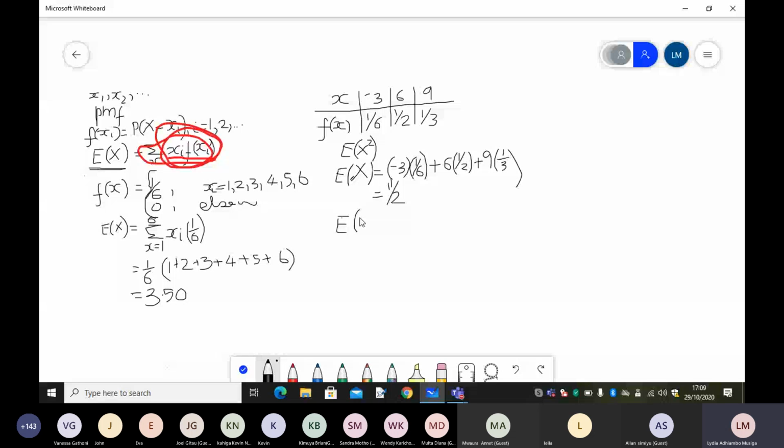Sorry for that. Expectation of x squared. Now it just means that the random variable, like -3, we square it.